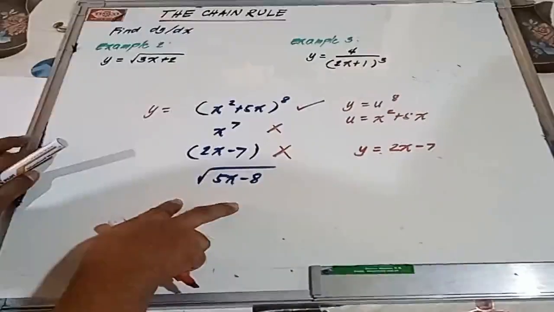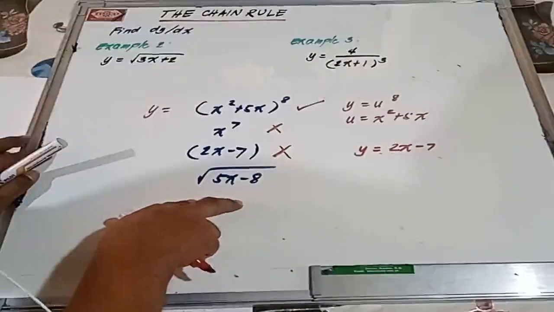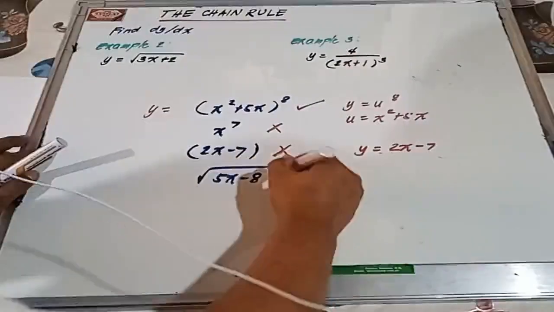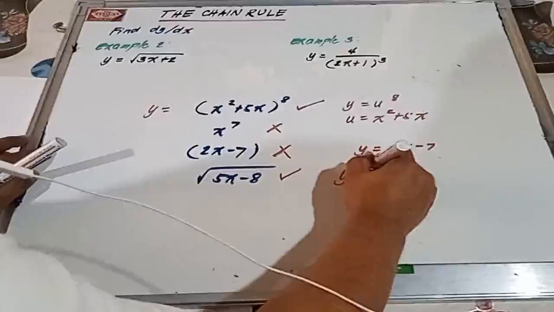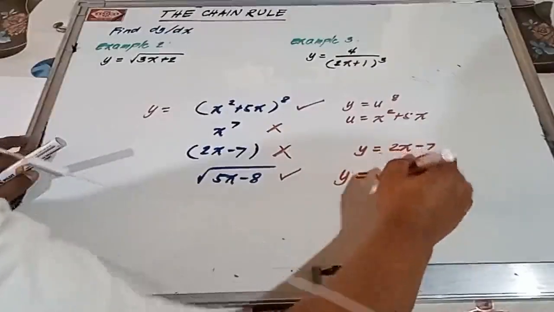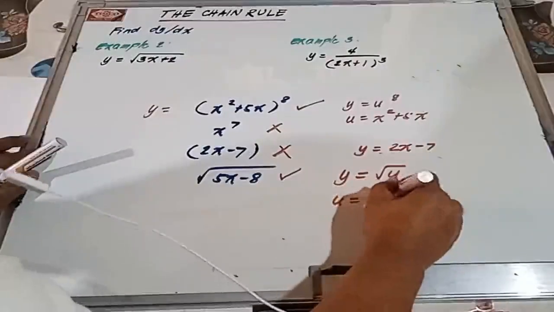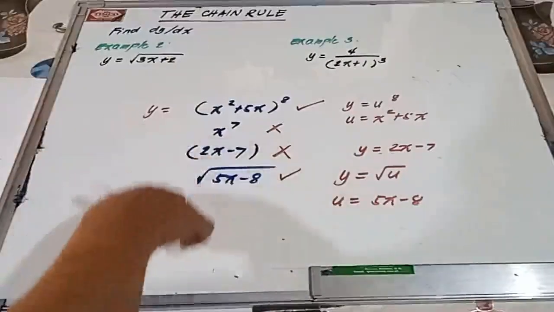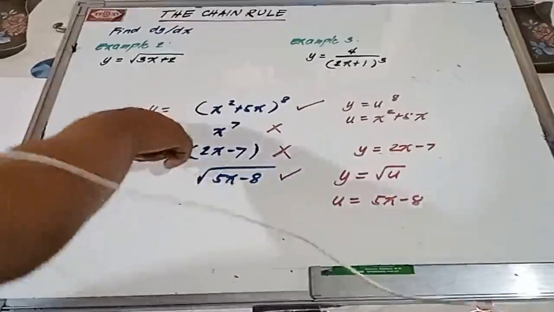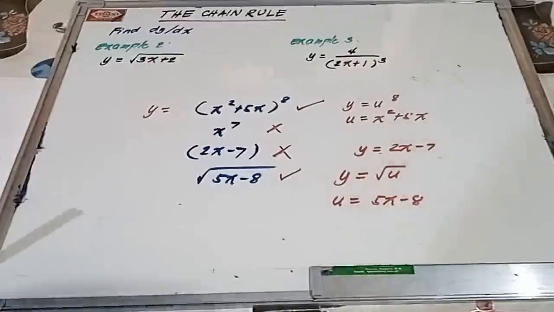How about the fourth one? Ito ay gagamitan natin ng chain rule. Bakit? Kasi this can be rewritten as square root of u and then u is 5x minus 8. Okay? So therefore, itong dalawang to ay composite function at gagamitan ng chain rule of differentiation.